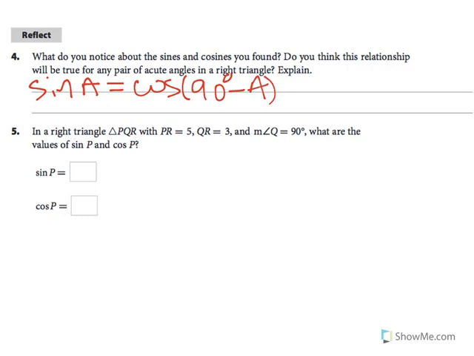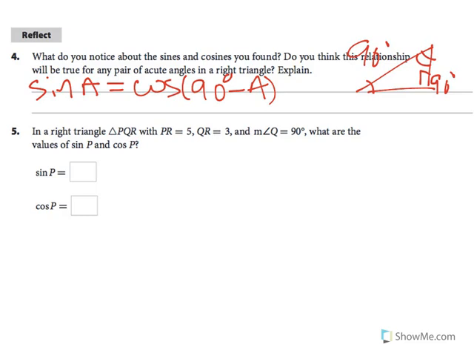This relationship will always be true because they are based on the same right triangle. Since this is 90 degrees already, the sum of these two angles must be 90 degrees as well.